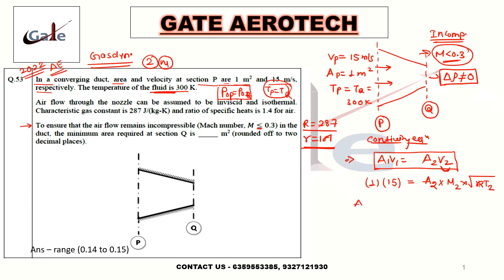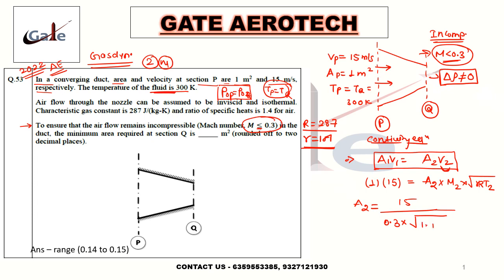Now you just need to solve for area too. Mach number is 0.3 because they have given lesser than or equal to, right? So equals to we are assuming in this case. We don't have any other option apart from assuming 0.3.